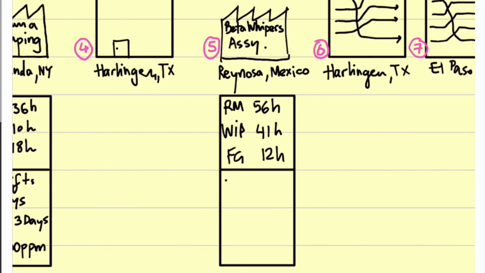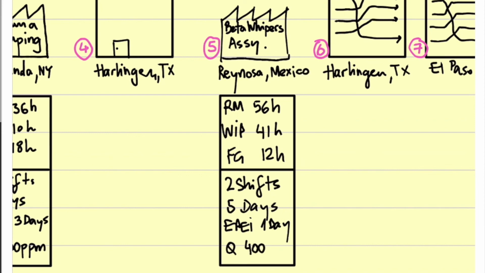We are working on 2 shifts. We work 5 days a week. We have an EPI of 1 day. And we have a quality of 400 ppm.